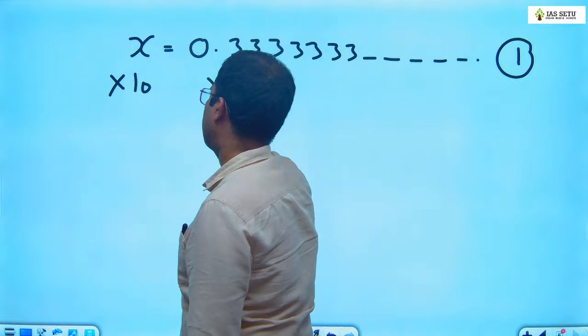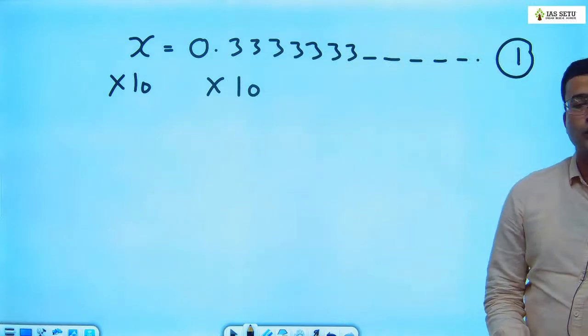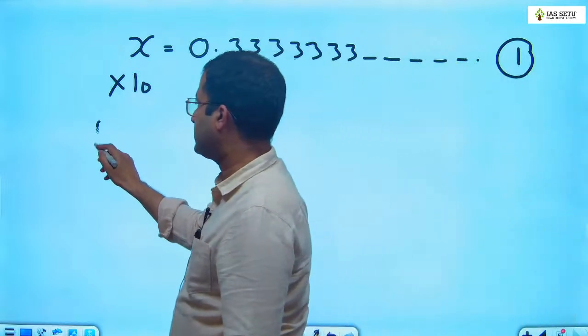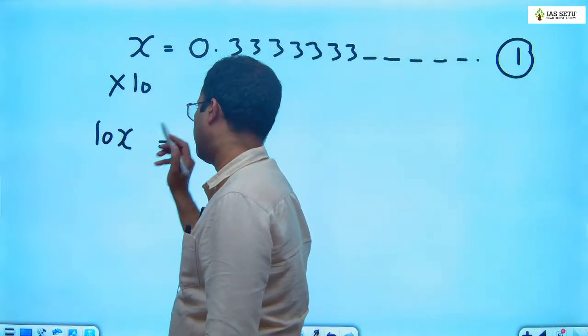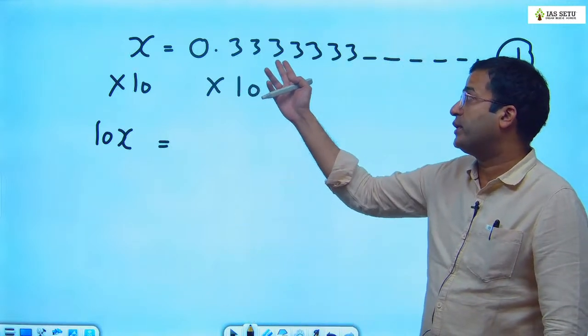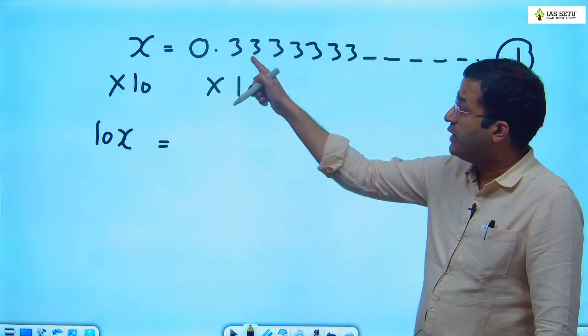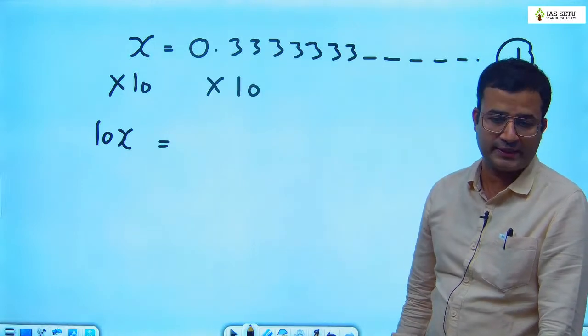Okay. So the left hand side becomes 10x. Here, category 0 students, I tell you, like 0.33. If you multiply a decimal value with 10, your decimal shifts one place to the right side.